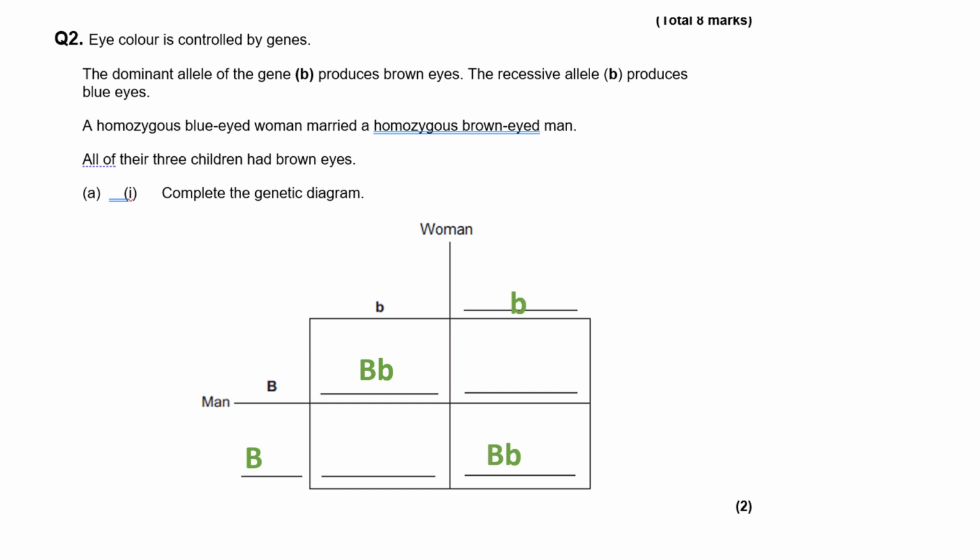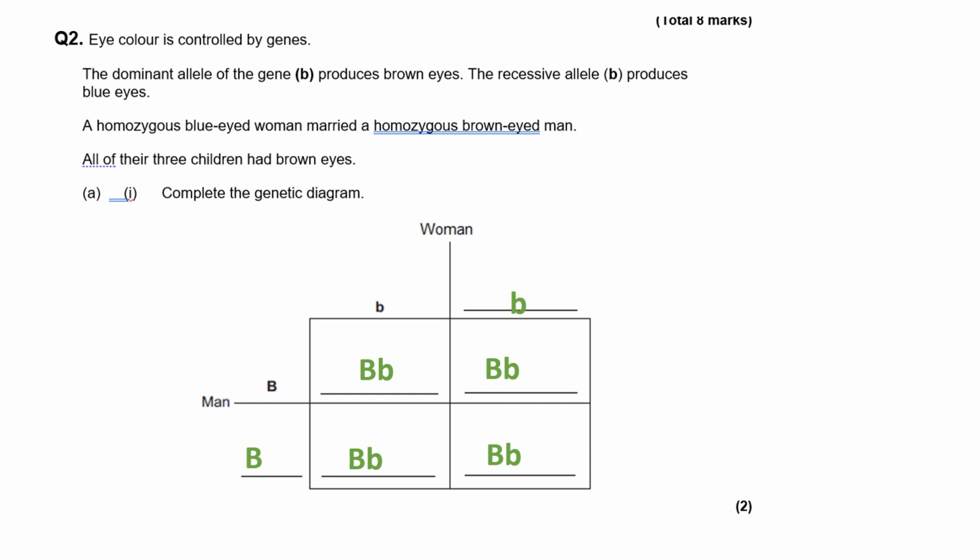The woman is blue-eyed and homozygous. She's got 2 lowercase b for blue-eyed genes. The man's also homozygous but for brown eyes, so he carries 2 capital B's here, and that's the dominant gene. So if we fill that in, all the offspring have got a capital B and a lowercase b.